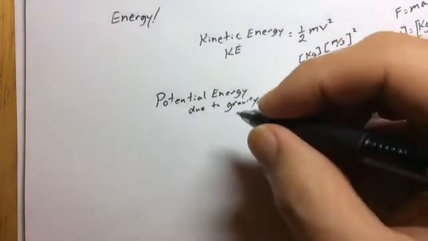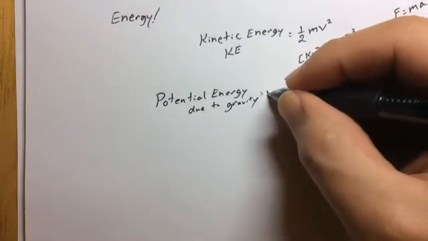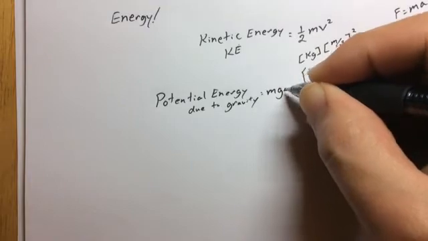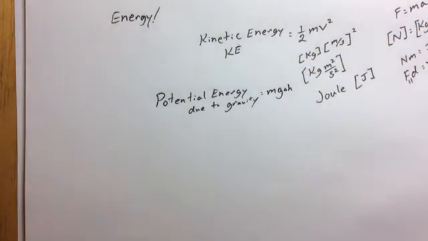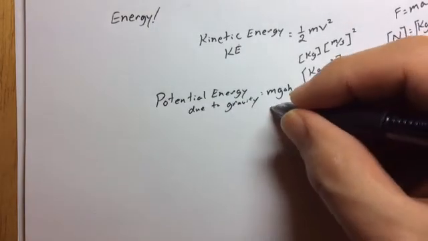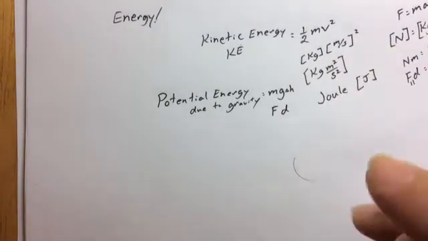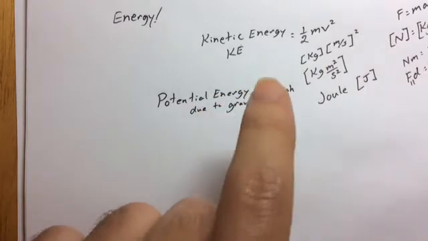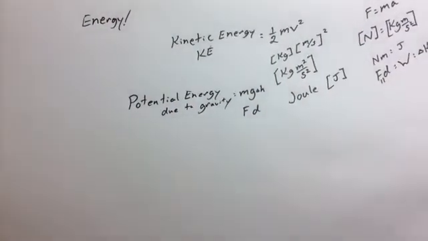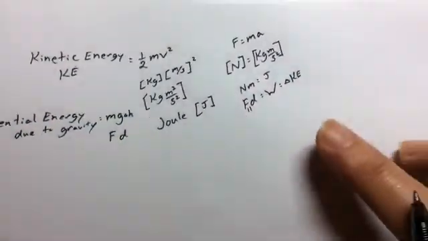And potential energy due to gravity, that equation is equal to mg delta h. Okay? Now, what is mg? mg is a force, right? That's the force of gravity. What is delta h? Well, that's a distance. And so really, that is the same equation that we just wrote down over here.